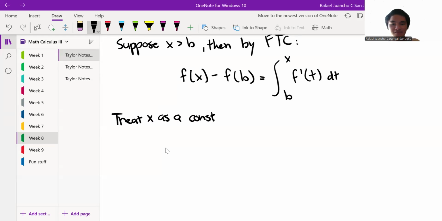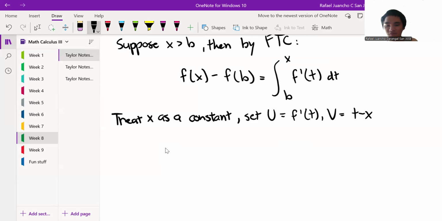I'm not gonna write that mathematically anymore because I know it's not gonna make sense. It's a number. Then we set u to be my function, and my v to be t minus x, and then we integrate by parts.